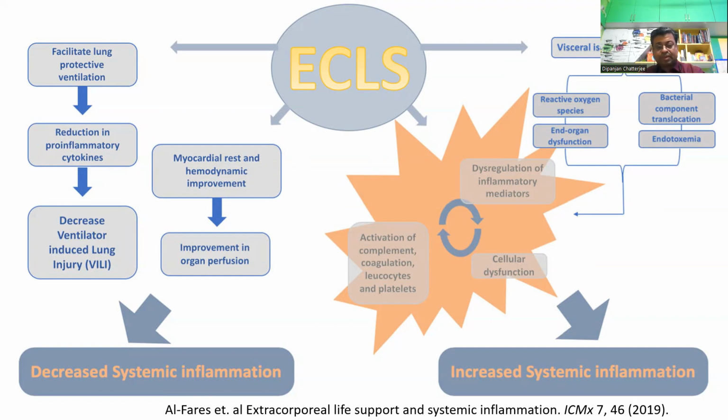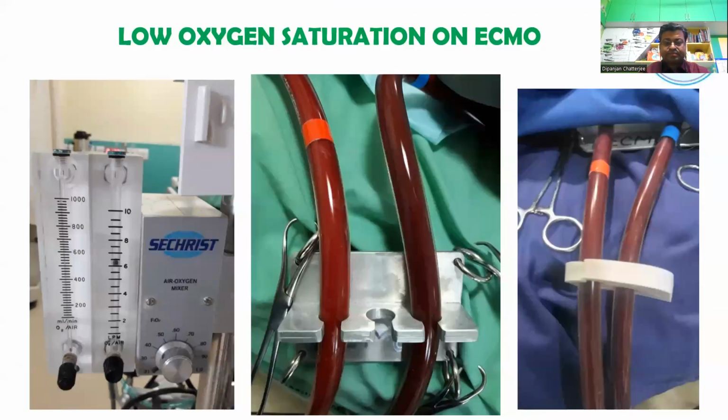But remember, this circuit is a non-endothelial surface. So when blood comes in contact with the non-endothelial surface, there is activation of complements, activation of the coagulation factors, the platelets are getting activated, leukocytes are activated, and all those increase the inflammatory systems. So there is a balance between the inflammation and the decreased inflammation. So this balance has to be maintained.